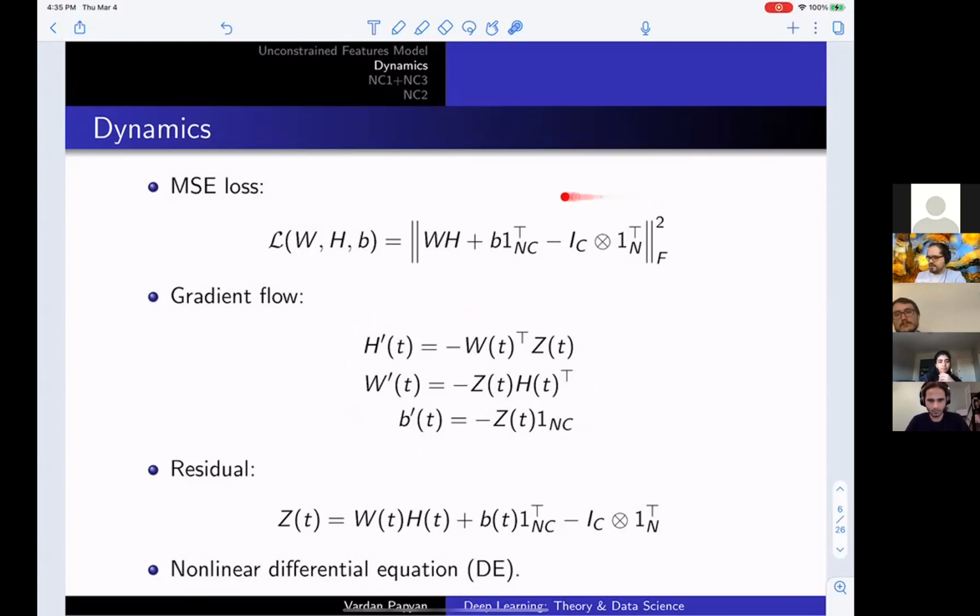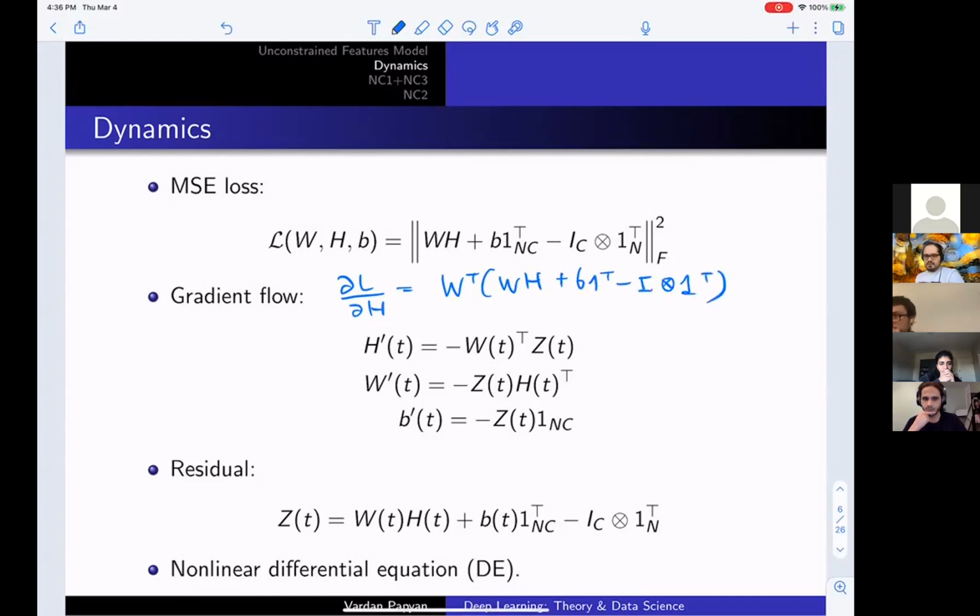Just by deriving this quantity with respect to W, H, and B. So for example, if I derive with respect to H, I would get dL/dH equal to W transpose (WH plus B 1 transpose minus I Kronecker 1 transpose).